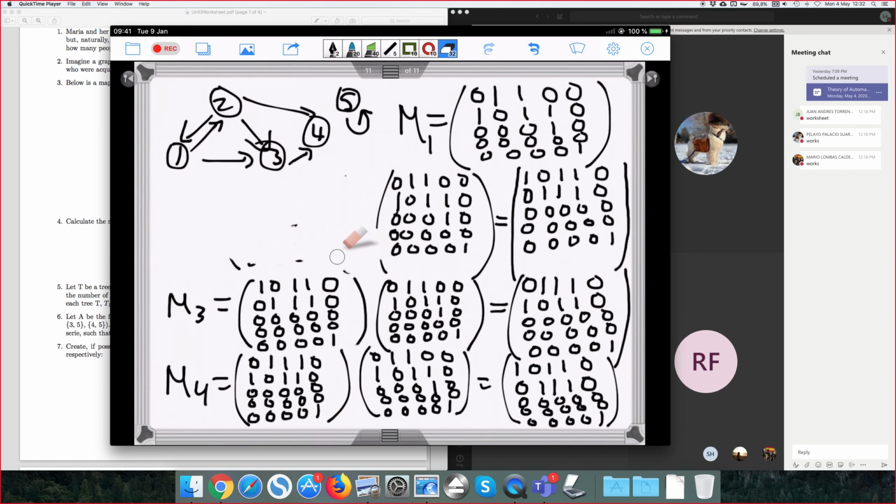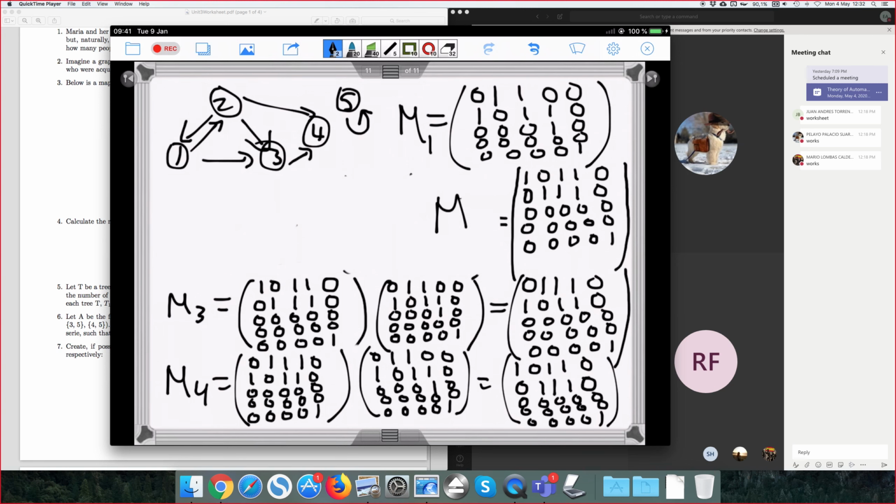That is what we need in order to obtain the complete reachability matrix, which is the Boolean addition of all these matrices together with the identity.